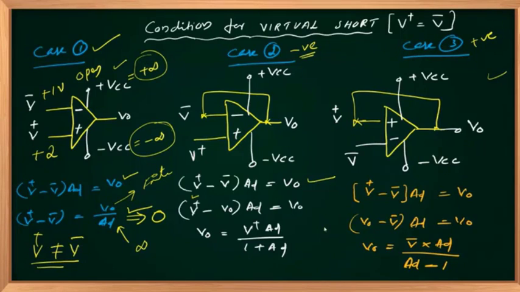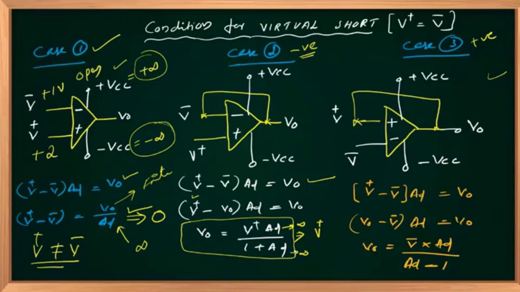Rearranging the terms, I will have an expression for V out: it is equal to V plus multiplied by AD upon 1 plus AD. As AD tends to infinity, this output will tend towards V plus itself, because the numerator AD and the denominator 1 plus AD both tend towards infinity, so they cancel.